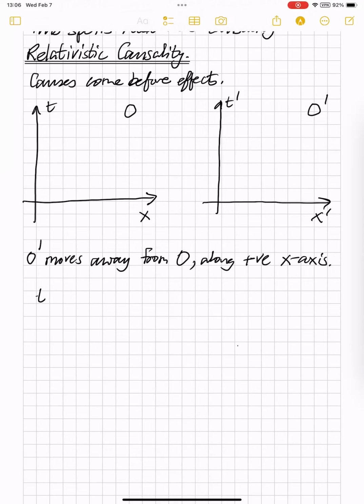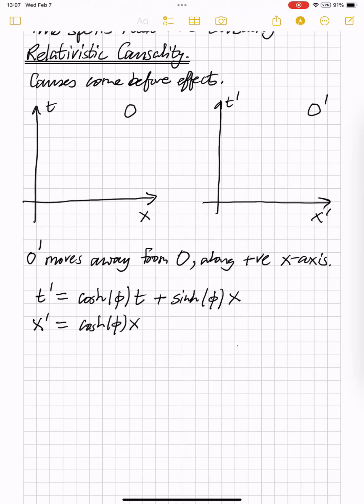So t prime is equal to cosh, the hyperbolic cos, cosh phi times t plus sinh phi, some of you say shine, I'll say sinh phi times x. x prime is equal to cosh phi times x plus sinh phi times t. And as we said, y prime is equal to y and z prime is equal to z.